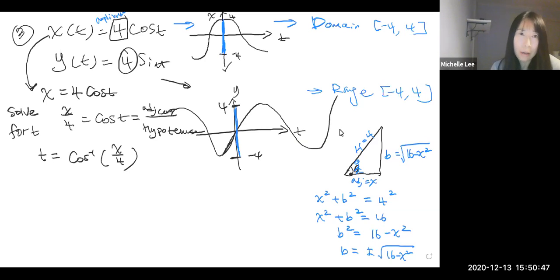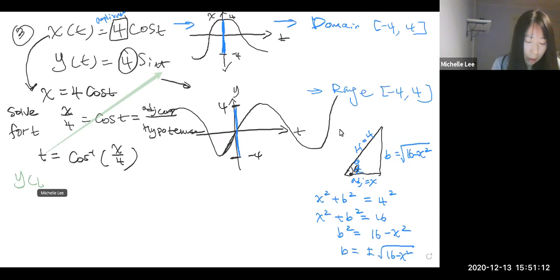Okay. Now, like the earlier example, same steps, same procedure, we plug t into y of t. So here we get y of t equal to 4 sine t.